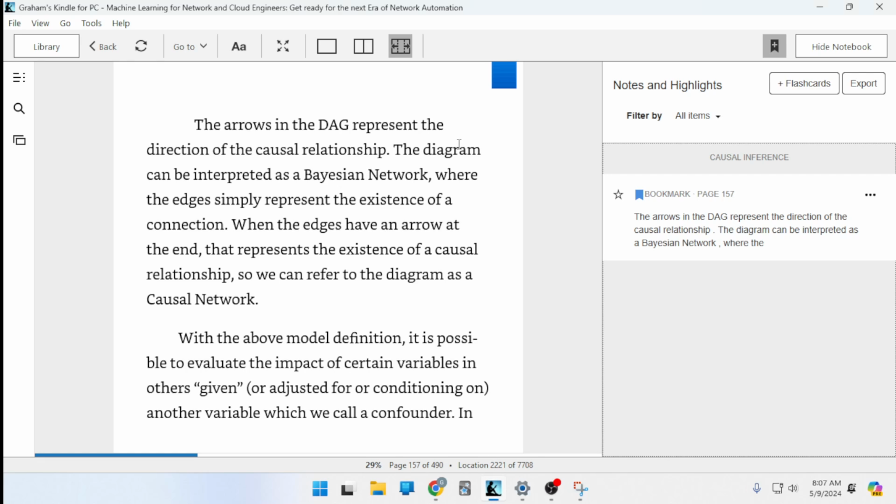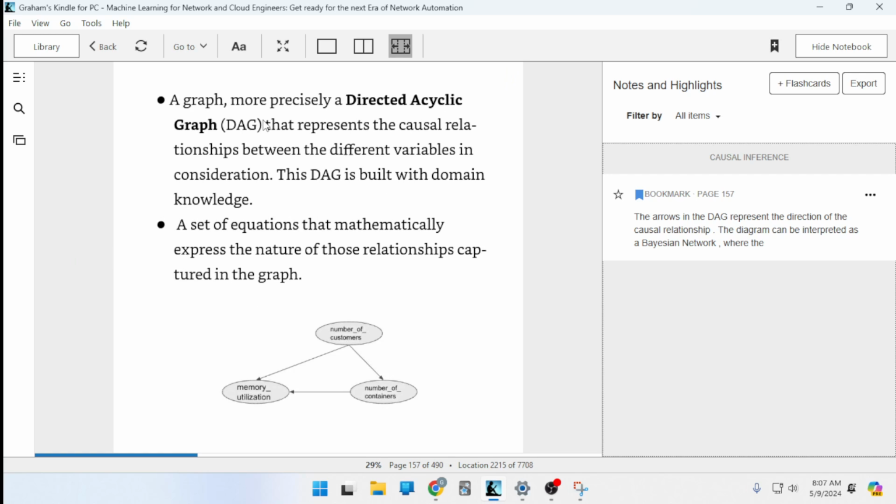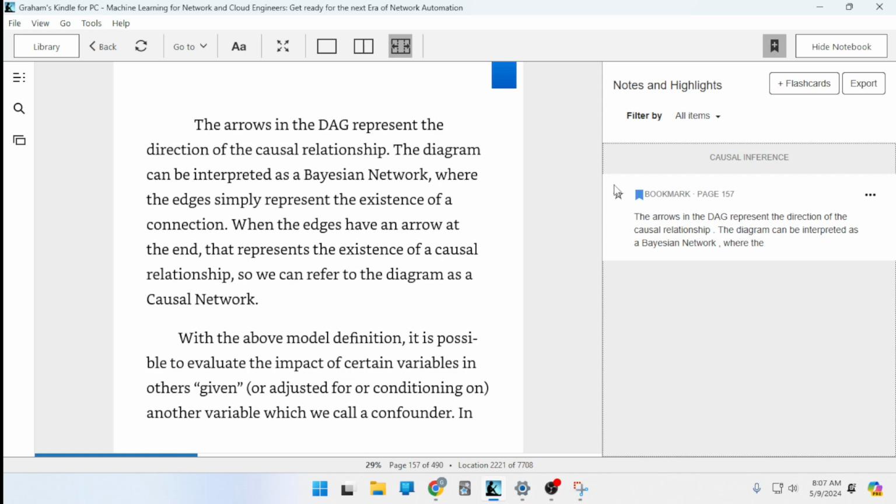All right, so the arrows in the DAG relationship, which stands for directed acyclic graph. We can understand what that means because this is a graph and it's acyclical. So this is pointing here, but there's no loop back to that. So I think that's probably what that means.